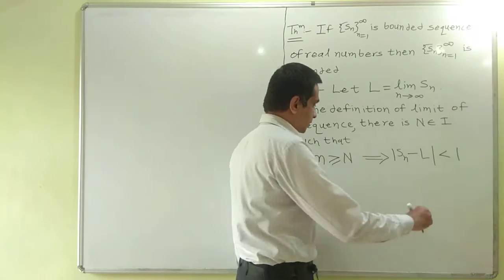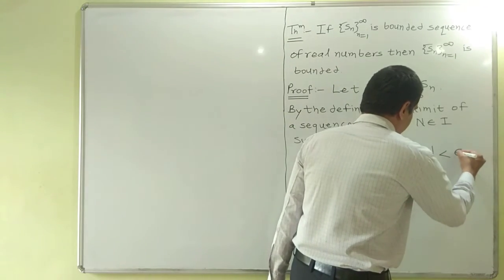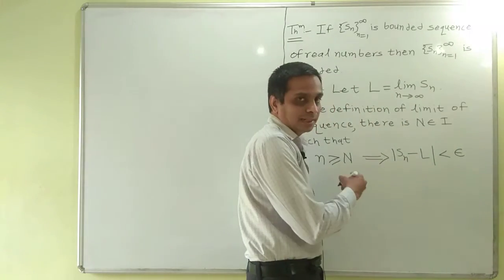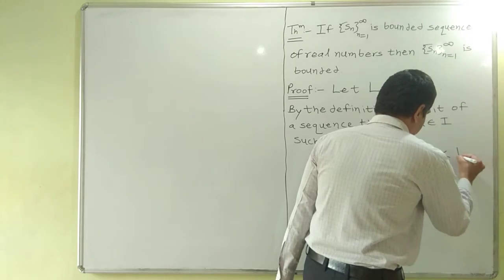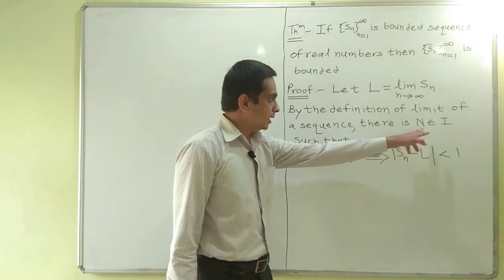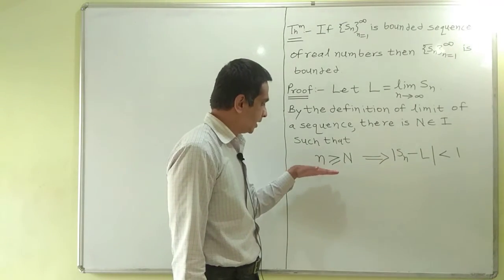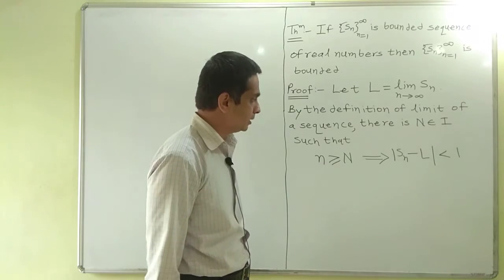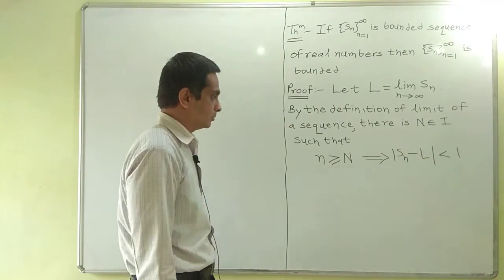So for every epsilon there is N such that this property gets satisfied, and in this case we are taking epsilon to be 1. So for this one particular value we are considering a natural number N satisfying this property. Which property? That whenever n is greater or equal to N, the distance between Sn and L is less than epsilon.